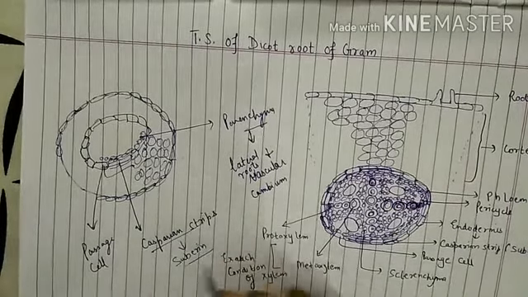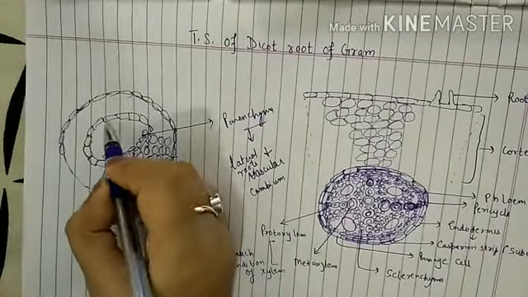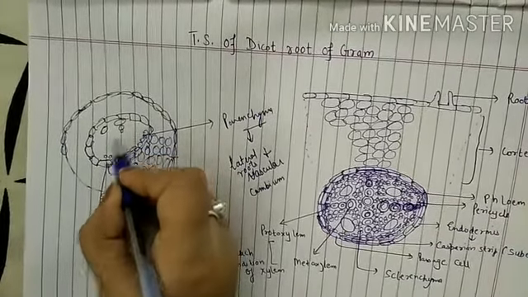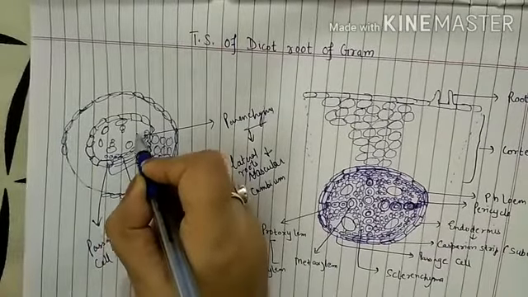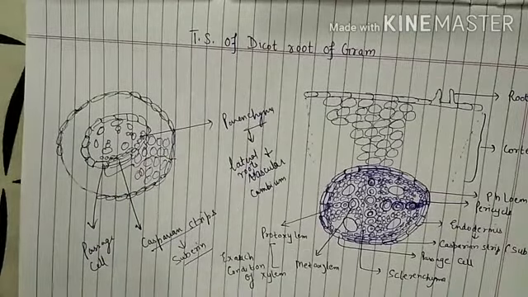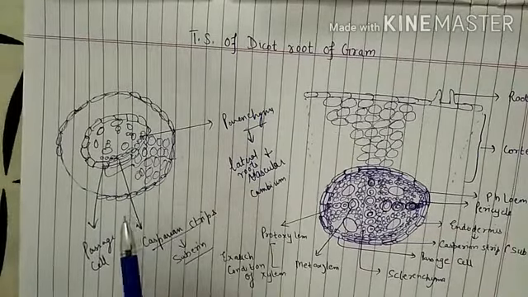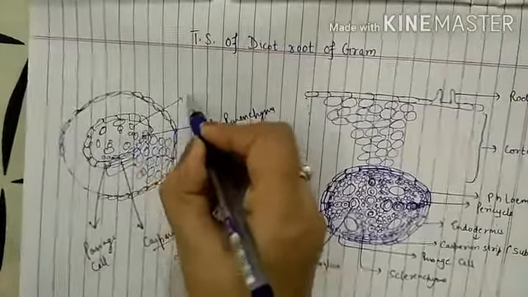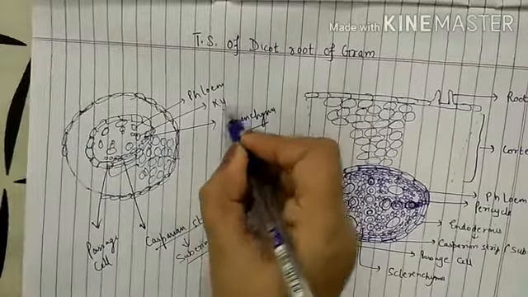So there will be a radial arrangement of vascular bundles, that is phloem and xylem, phloem and xylem, phloem and xylem, similarly phloem and xylem. Basically the number of vascular bundles is 2 to 4 in dicot root. So this is the phloem and this is the xylem.